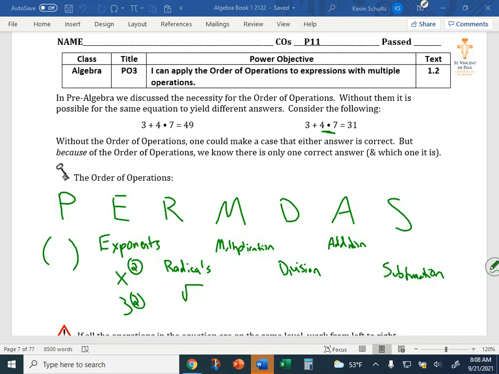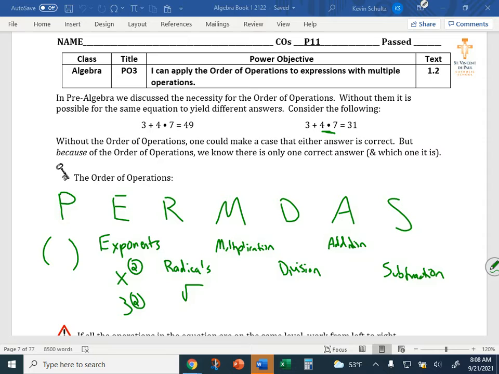Following the order of operations, you need to do that 4 times 7 first. Okay? You've got to be paying close attention when evaluating expressions like this so you do the order of operations correctly. It can be sneaky. So the correct answer to the way that this is written is 31.